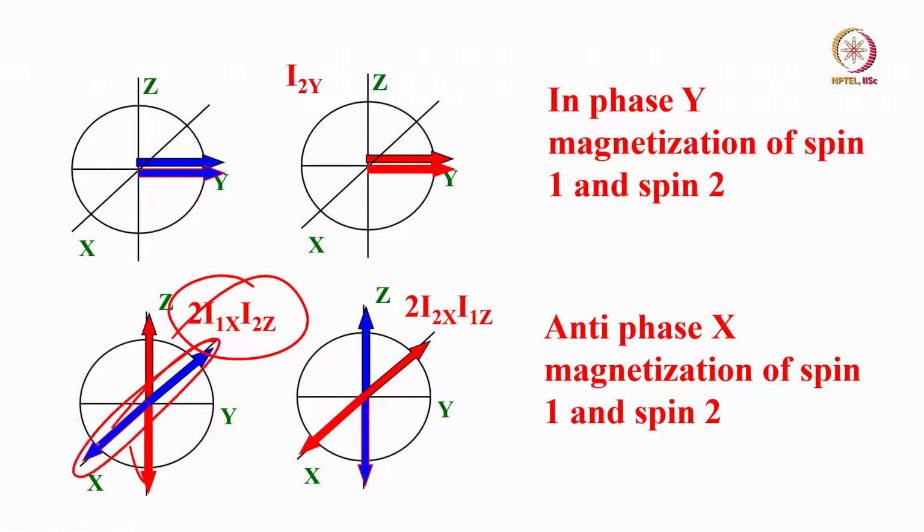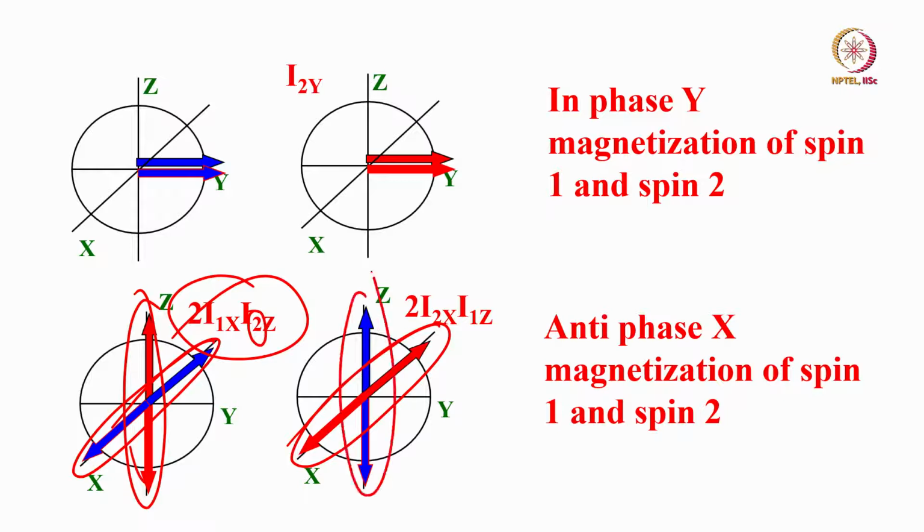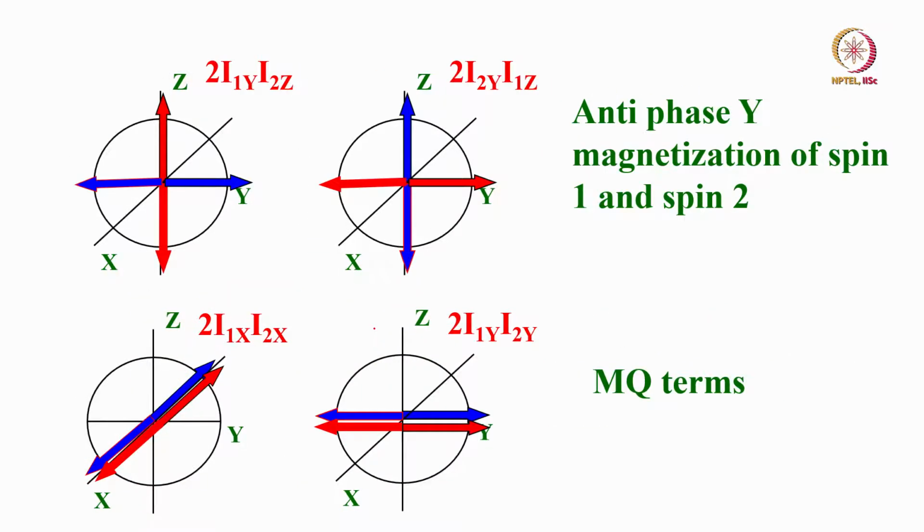See, the x components are antiphase along the x axis, and for spin 2 it is along the z axis. Spin 1 along the z axis, spin 2 along the z axis, both are antiphase. For spin 2, the x component is antiphase, and for spin 1 the z component is antiphase like this. Similarly, antiphase y magnetization of spin 1 and 2.